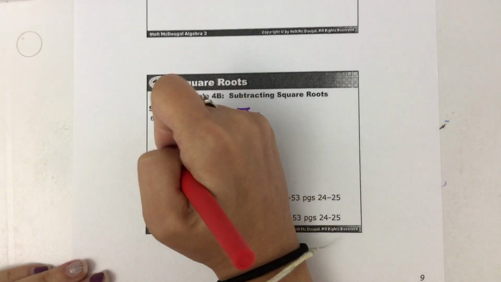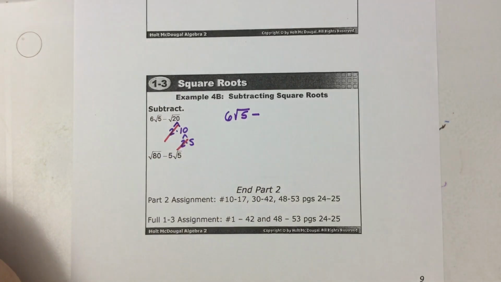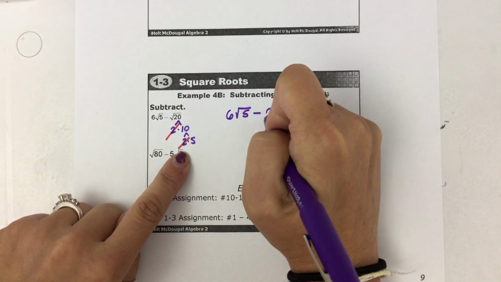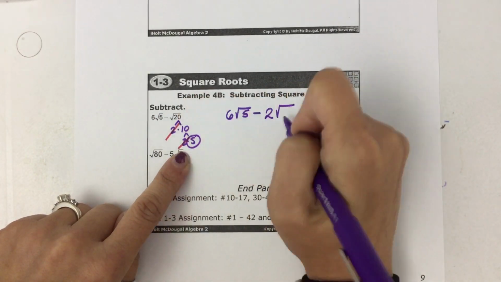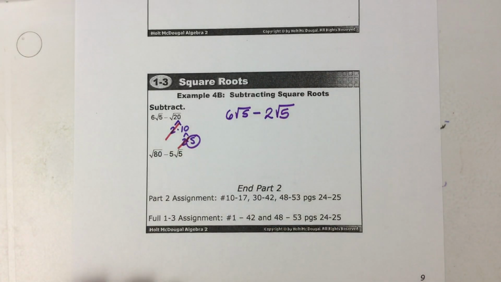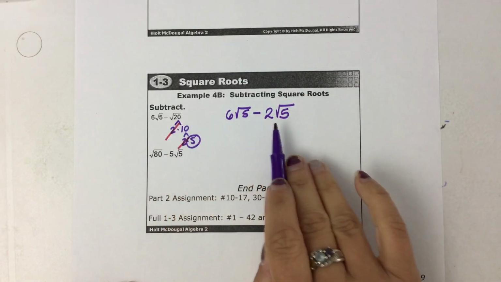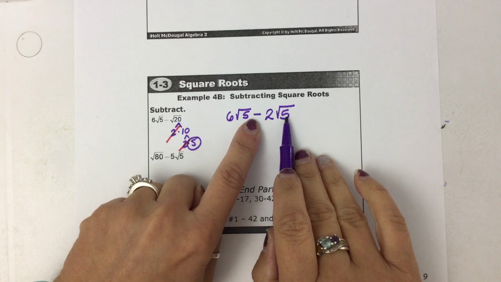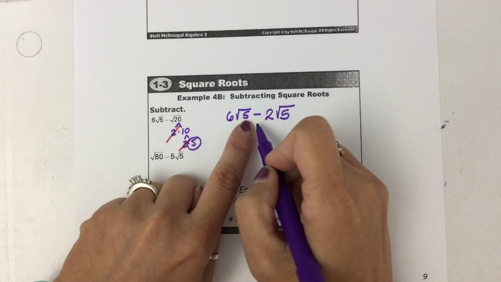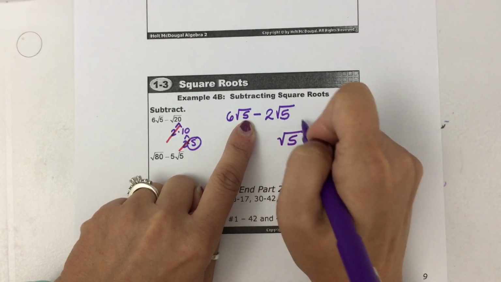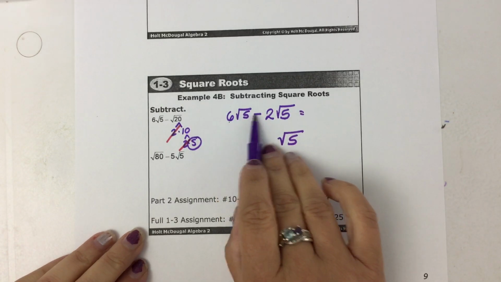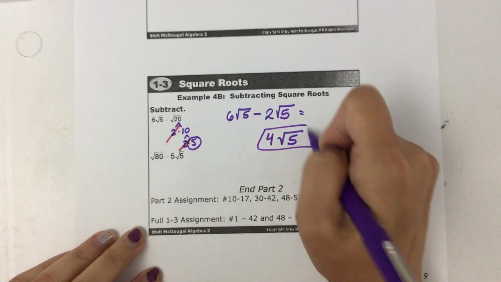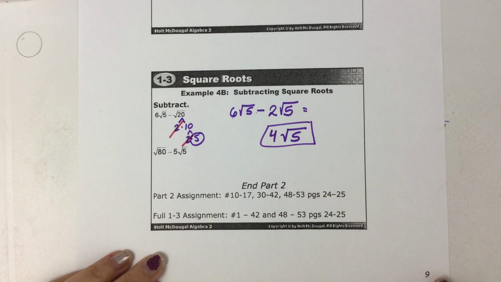But remember, if you can cross off 2 of one value, you get to write that one time on the outside. The 5 could not be crossed off. So the square root of 20 is really 2 square roots of 5. Now I can subtract them. Square root of 5 and square root of 5, the square root of 5 stays the same. 6 minus 2 is 4. So I have 4 square roots of 5.